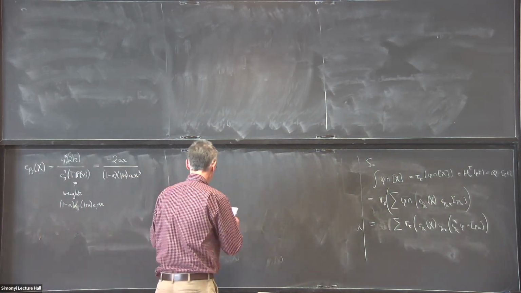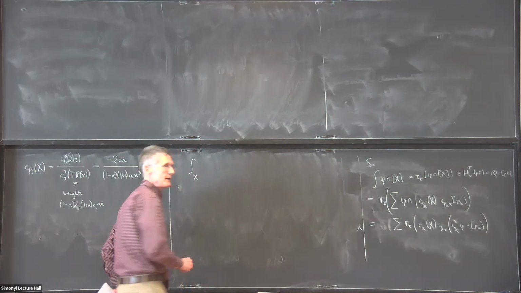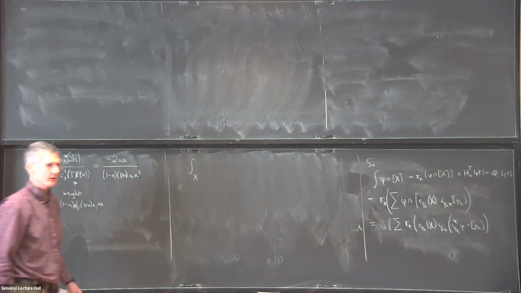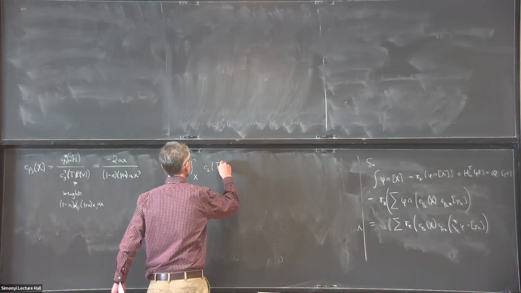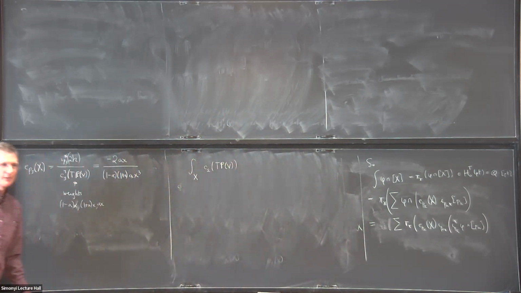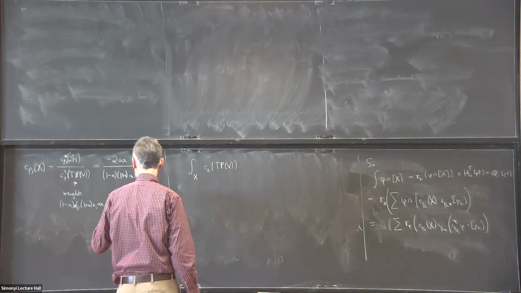So let's suppose we want to do the integral over X. I want to integrate a degree 2 class. I don't want it to be too hard, but I want it to be a little bit non-trivial. So why don't we do c2 of T of P V? I'm sure you could figure out how to do this some other way, but let's do this. This is kind of a proof of concept.